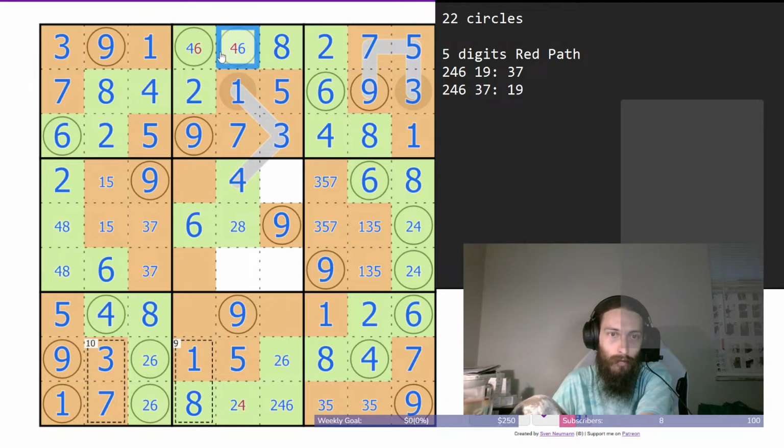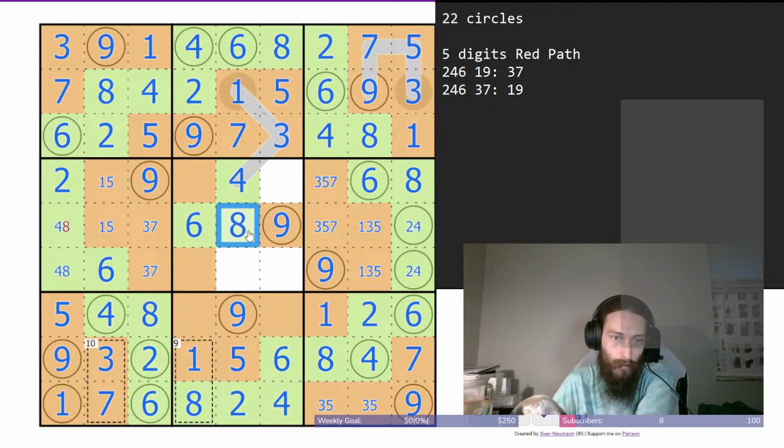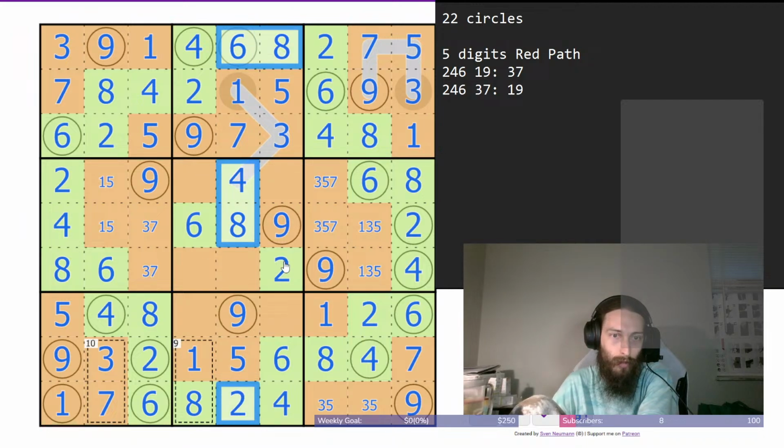This is even: 6, 4, 2, 6, 4, 6, 2, 8, 4, 8, 2, 4. If I need a 2, which is going to be here, that's supposed to be a 2 because they had to be diagonal from each other in order to match the 4 here, 4 there, and 4 here.